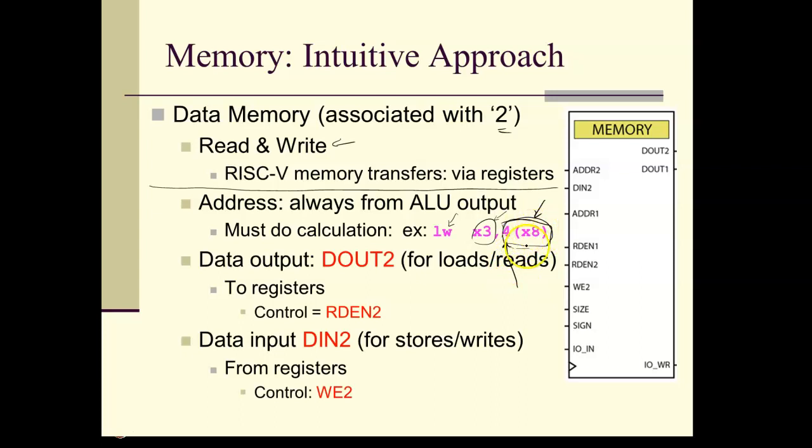It's going to take what's in that base register, add the offset to it, and use that as an absolute address into data memory. The data memory is also synchronous, so we have a read enable here. Also, data memory I can write, so here's the address, here's the data that's going to be written to it, and here is my write enable. That's it for writing, but it gets even uglier.